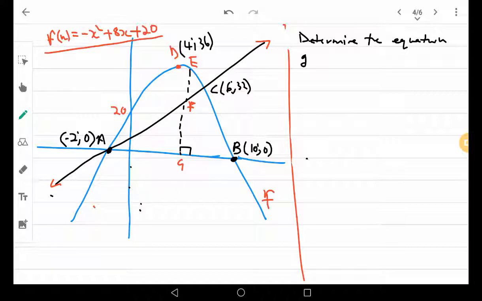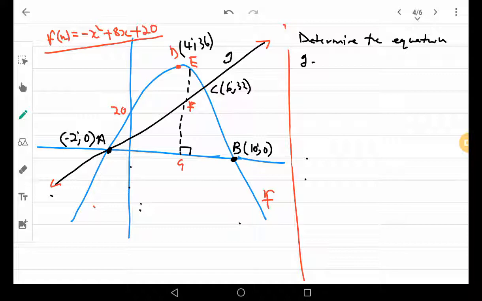Determine the equation, let's say, of G. Let's call this one G. For argument's sake, determine the equation of G. Basically, if you can see, G is a straight line. So what do we need to calculate the equation of a straight line? We need 2 points to calculate the gradient.